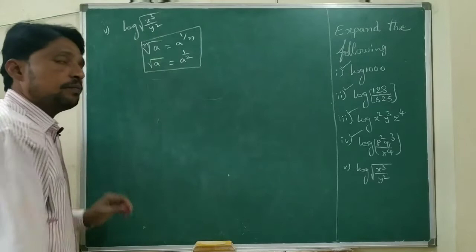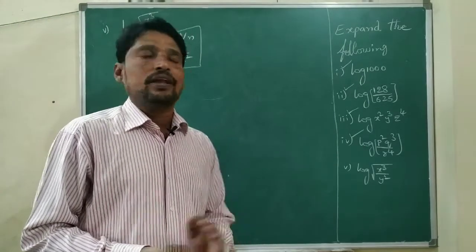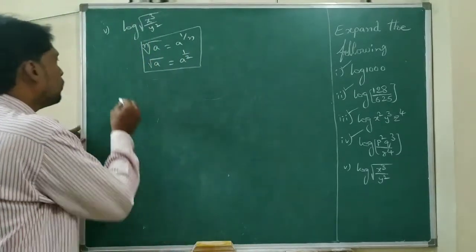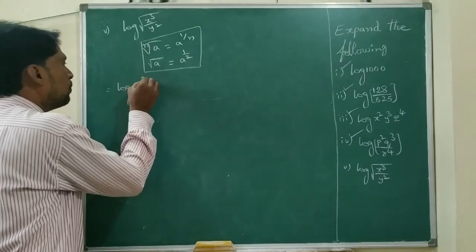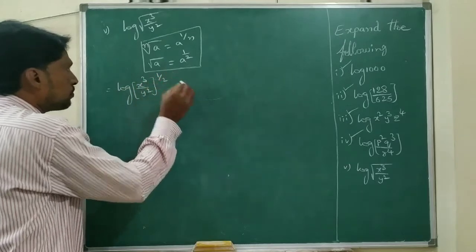So here it is of the form square root of x cube by y square, which means we need to take the power 1 by 2. Now that equals log of x cube by y square, whole power 1 by 2.